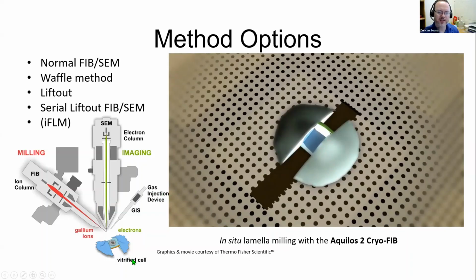We want a nice thin lamella, something like 100 nanometers. However, often it's difficult to get that, and you're going to be at 150 or 200 nanometers, or sometimes even 300 if the sample is particularly challenging. So this is the normal FIB-SEM lamella preparation that I've just shown you in this video.